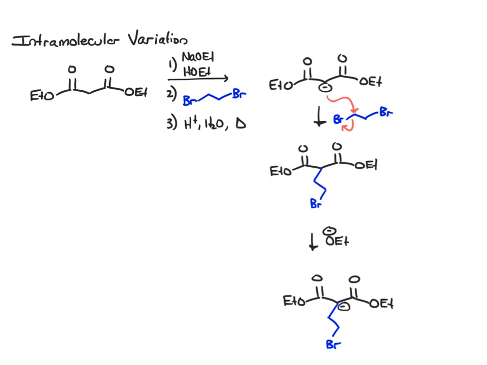But now, instead of adding a second organohalide, your other organohalide with the leaving group is already right here in the molecule, set up, ready to react. So this can attack that. That's a nucleophile and electrophile. Lose bromide as a leaving group. And in this case, we form a three-membered ring, so you get the cyclopropane structure.